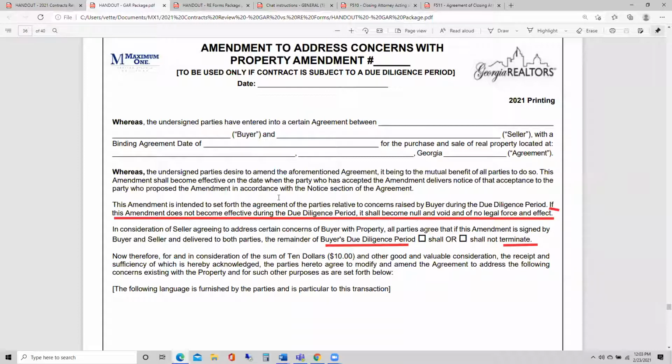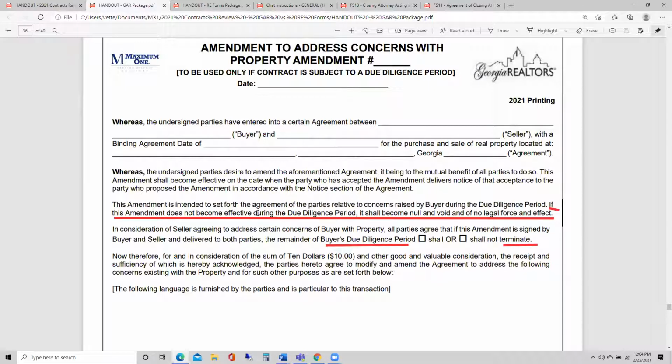It says this amendment is intended to set forth the agreement between the parties relative to concerns raised by the buyer during the due diligence period. If this amendment does not become effective during the due diligence period, it shall become null and void and of no legal force in effect.